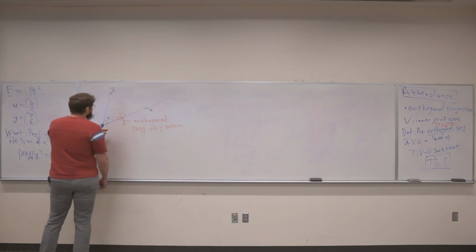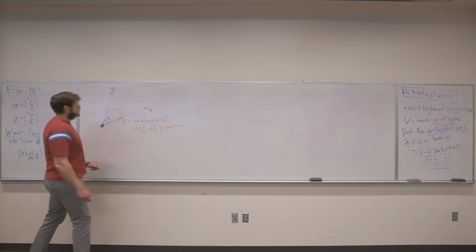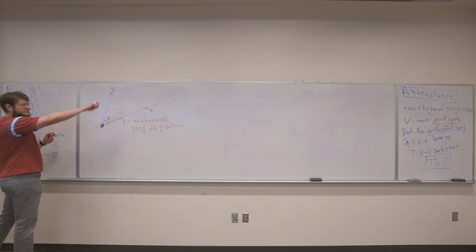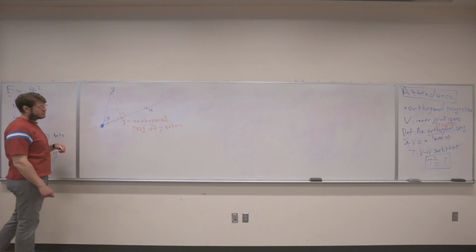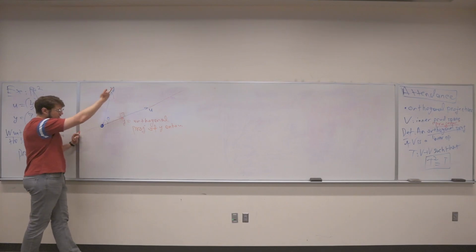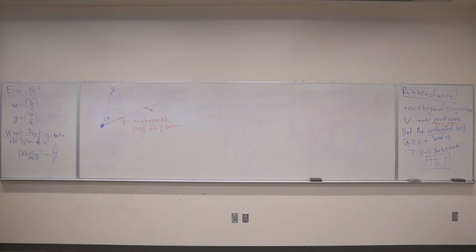So y hat, in this case, is going to be a vector that is in the same direction of u. It's in the span of u, but its magnitude is such that this geometric picture is correct.